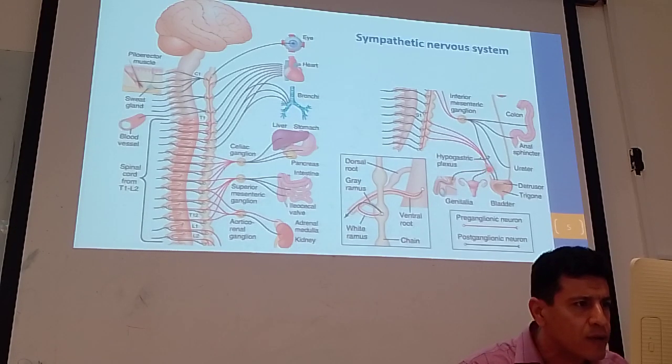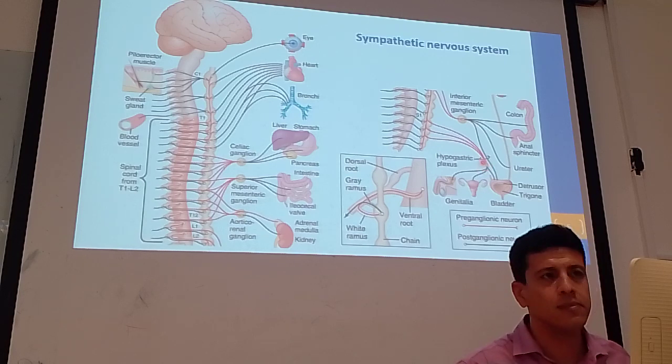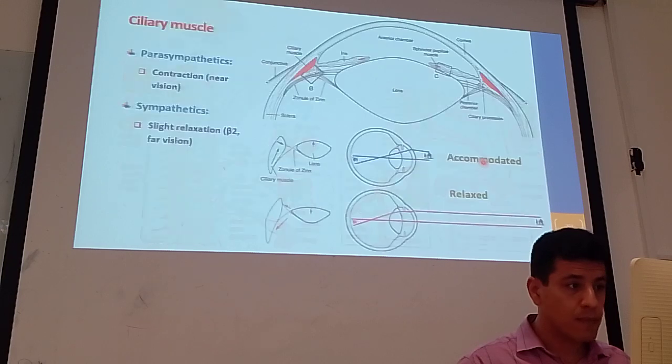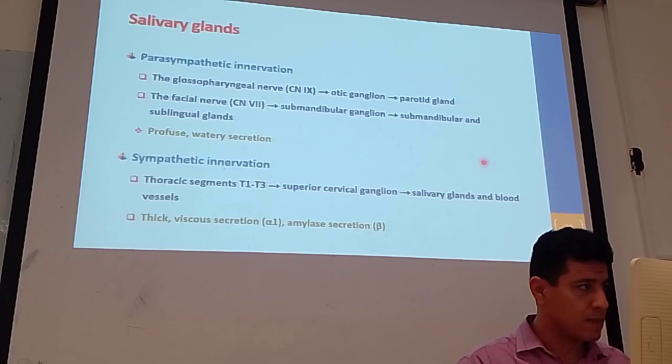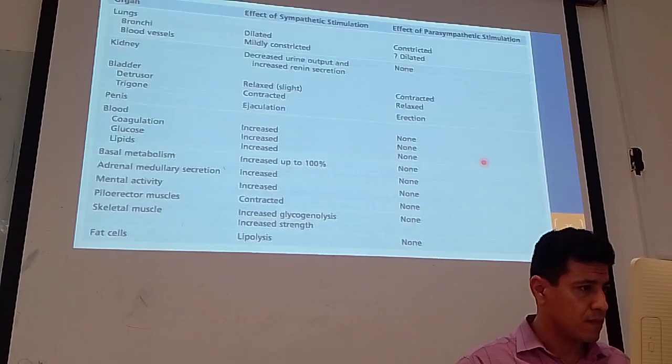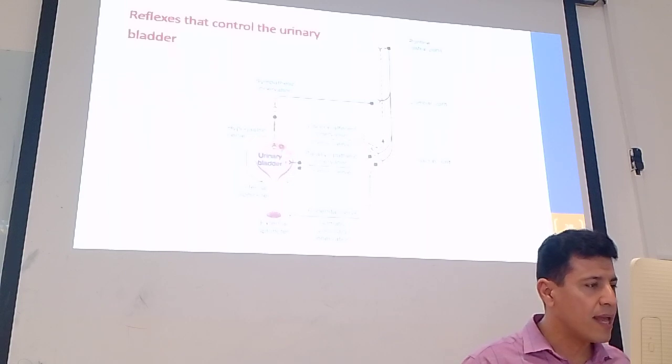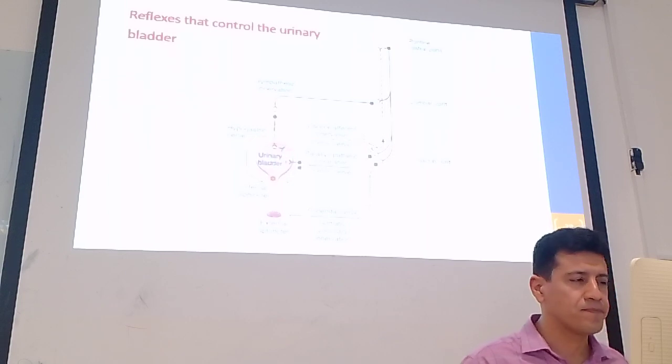They go to this ganglion, so there is no name here. Right? Okay, from here we have the postganglionic neuron that innervates both the detrusor and the trigone.